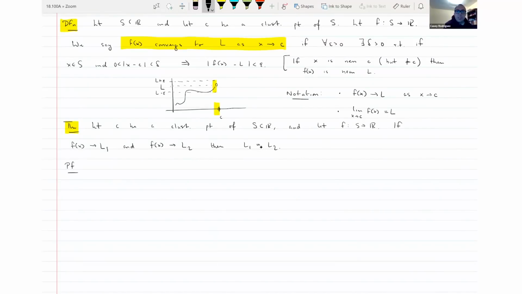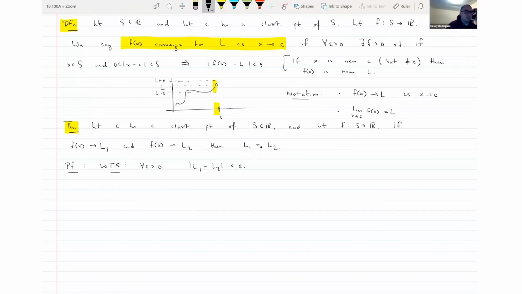Let me give the proof. We're going to play this game again where instead of showing something is 0 or something is equal to something else directly, we'll give ourselves a little room and prove the following. We'll instead show that for all epsilon positive, |L1 minus L2| is less than epsilon. So L1 and L2 are just two fixed real numbers.